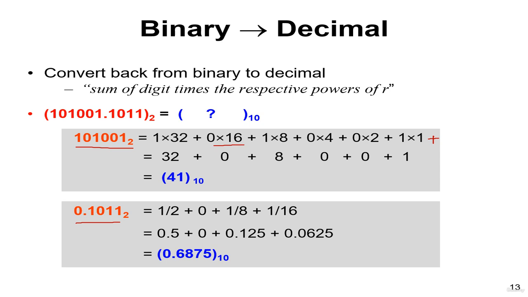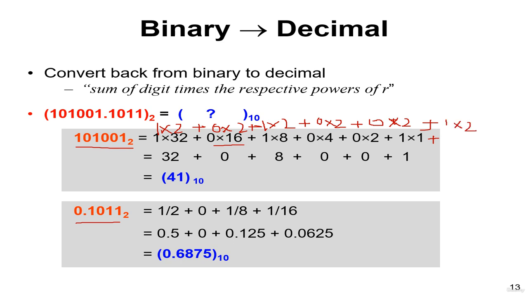Then it would be 1, right? 1 into 2 raised to power something, plus 0 into 2 raised to power something, plus 1 into 2 raised to power something, plus again a 0 into 2 raised to power something, again a 0, plus 1 into 2 raised to power something, right?